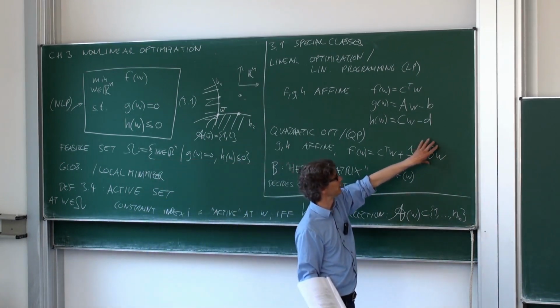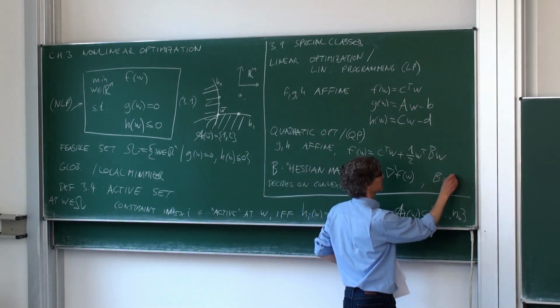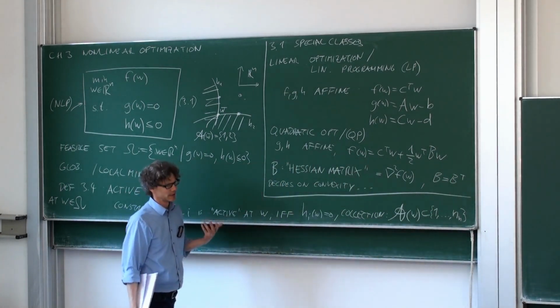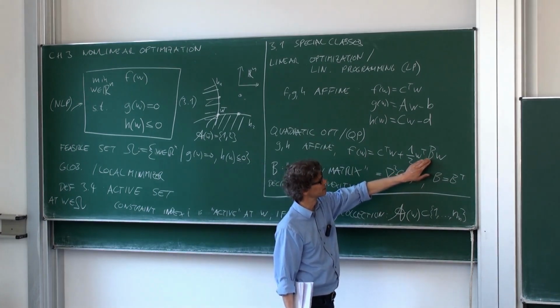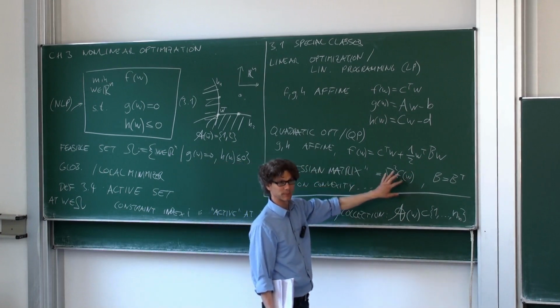There is maybe a little remark. Sometimes people wonder why this B is symmetric. So I assume actually B being symmetric. It's something that is quite easy to see why we choose B always symmetric. If we wouldn't choose B to be symmetric, you could still compute its second derivative, and that would be a symmetric matrix.